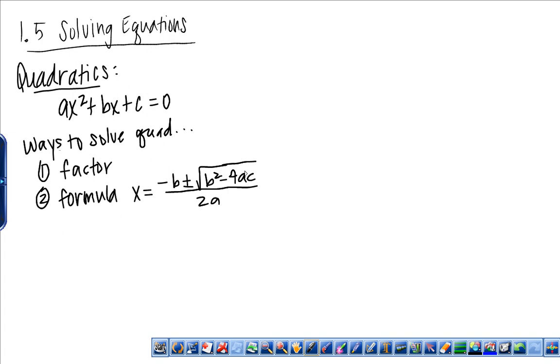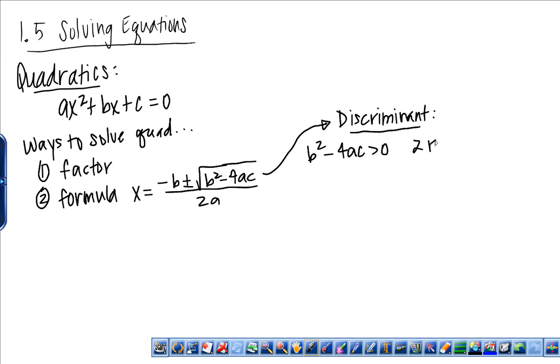And if you don't have to solve with the quadratic formula, and I just wanted to know whether there was one answer or two answers, you could look at the discriminant. And that is this right here underneath the square root. That's called the discriminant, and this just helps you find solutions. If your b squared minus 4ac is greater than 0, then you're going to have two real solutions.